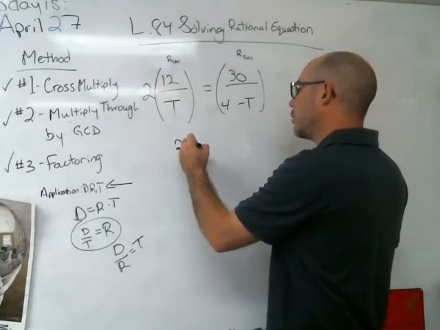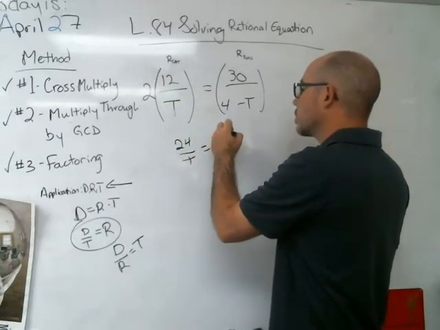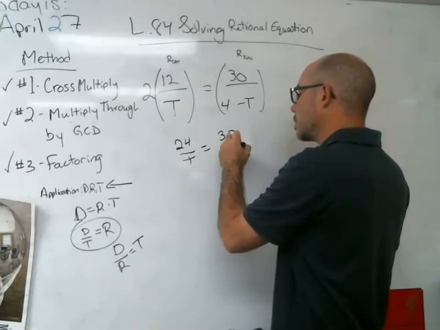Okay, so this is 24 over t equals 30 over 4 minus t.